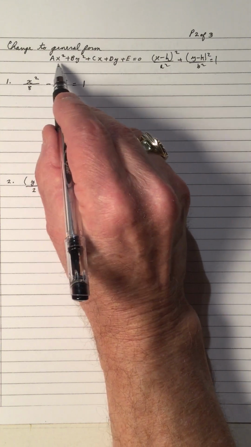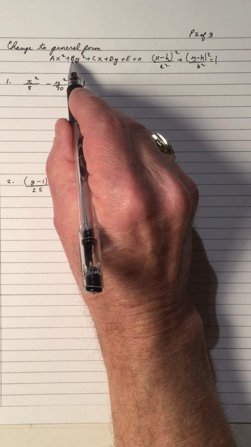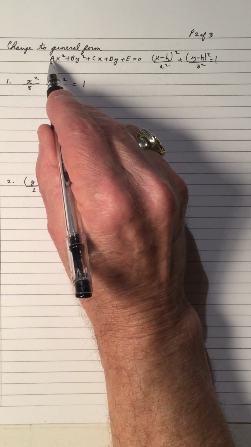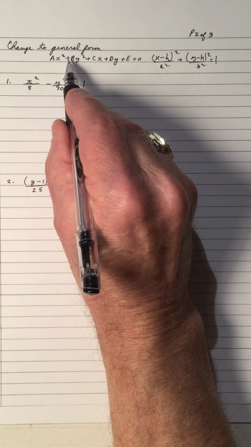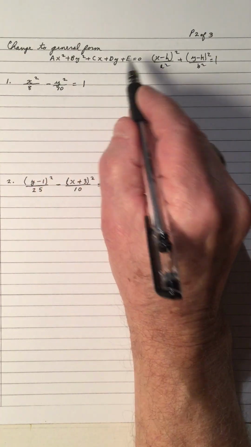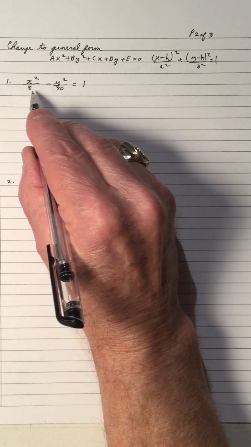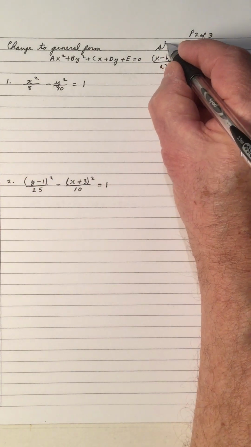And to be a hyperbola, you have to have an x squared and a y squared. A and b are not allowed to be 0, and one of them has to be plus and one of them has to be minus, but we always put the x squared first. So we have what we call the standard form.